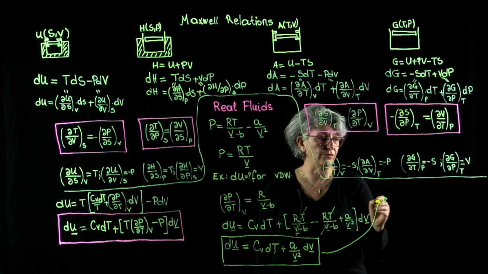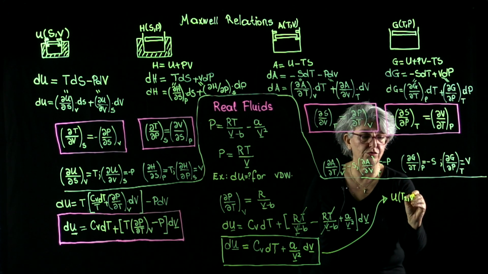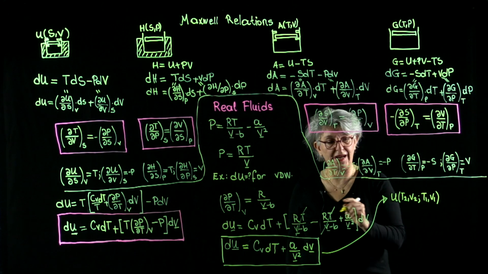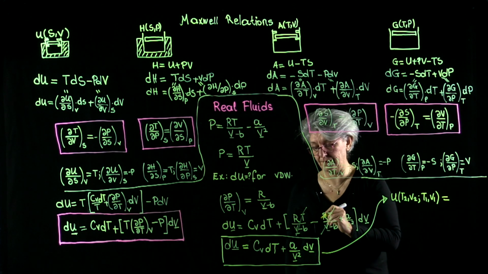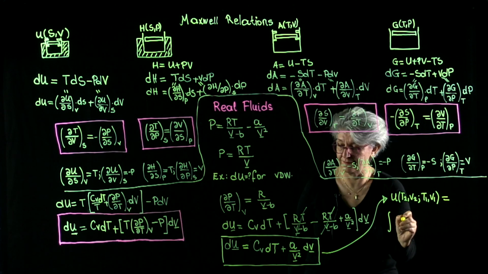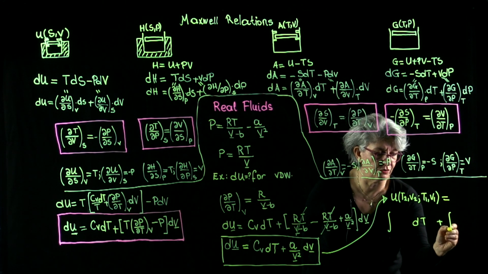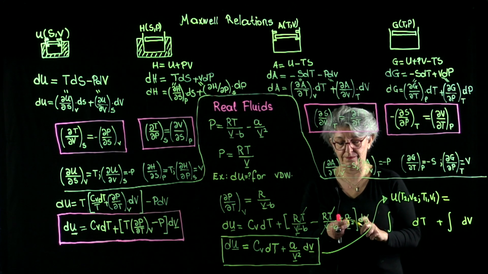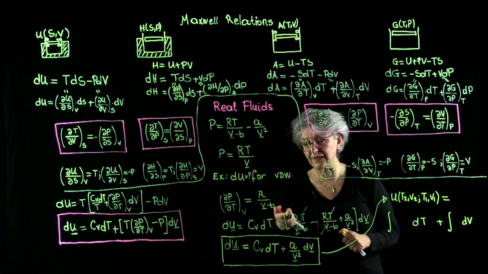If I need to find out internal energy between T2, V2, and T1, V1, I have to integrate this through a temperature and through a volume integral, but we have to play a strategy.